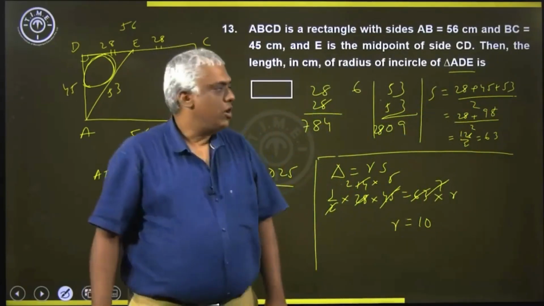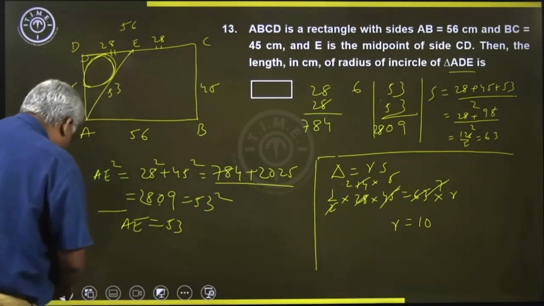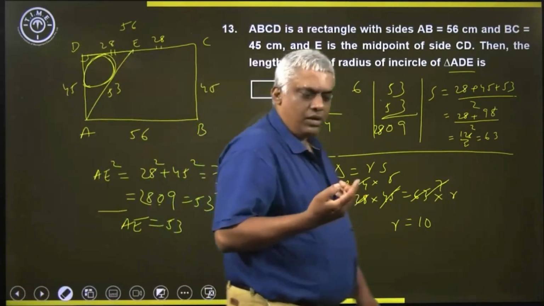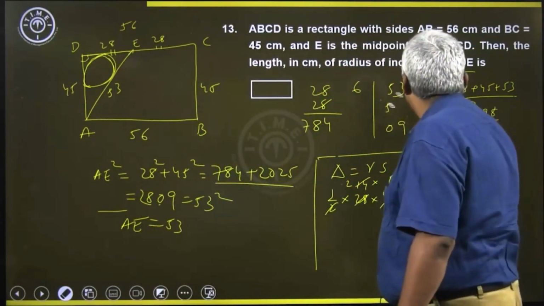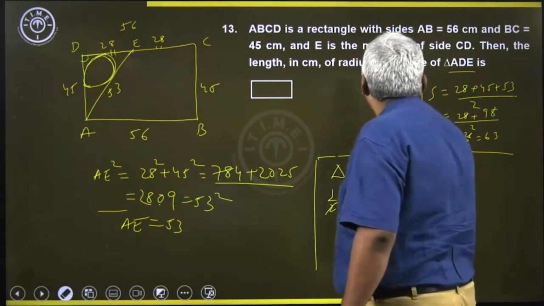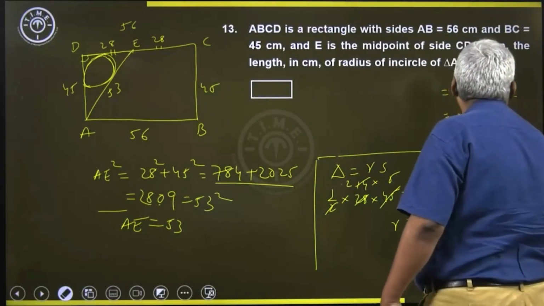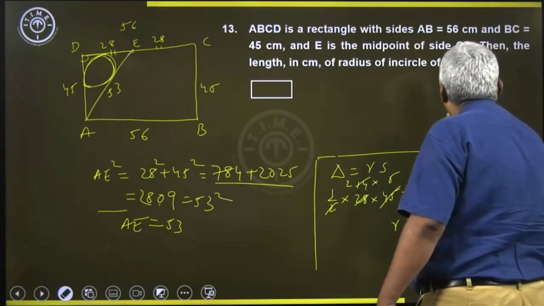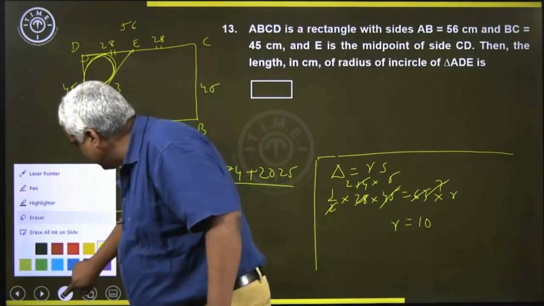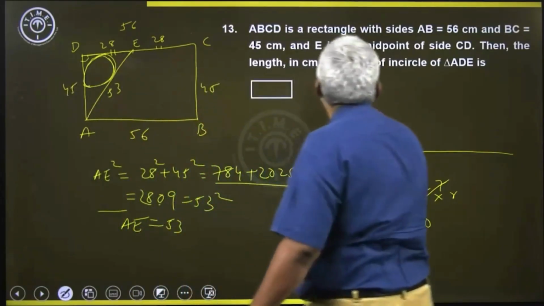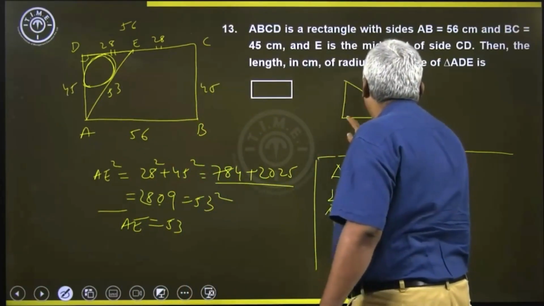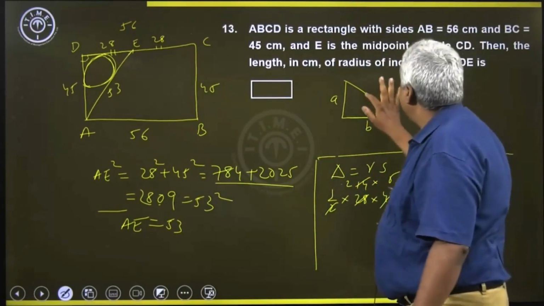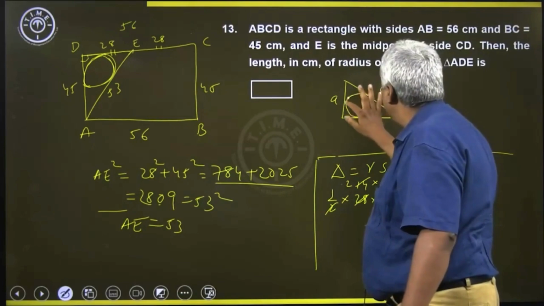This is one approach. We can have a second approach also. Second approach is, in any right angle triangle, let's say this side is A, this side is B, this side is C, and there is a circle inscribed in this.